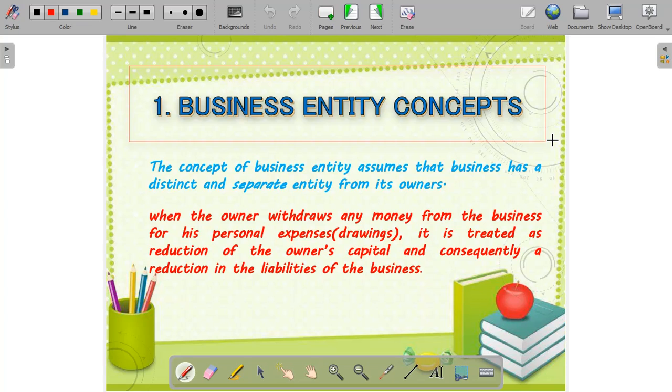So all the business transactions are recorded from the viewpoint of the business and not from the owners. This is because when the owner withdraws any money from the business for his personal expenses, which is also known as drawing, it is treated as a reduction of the owner's capital and consequently a reduction in the liabilities of the business.